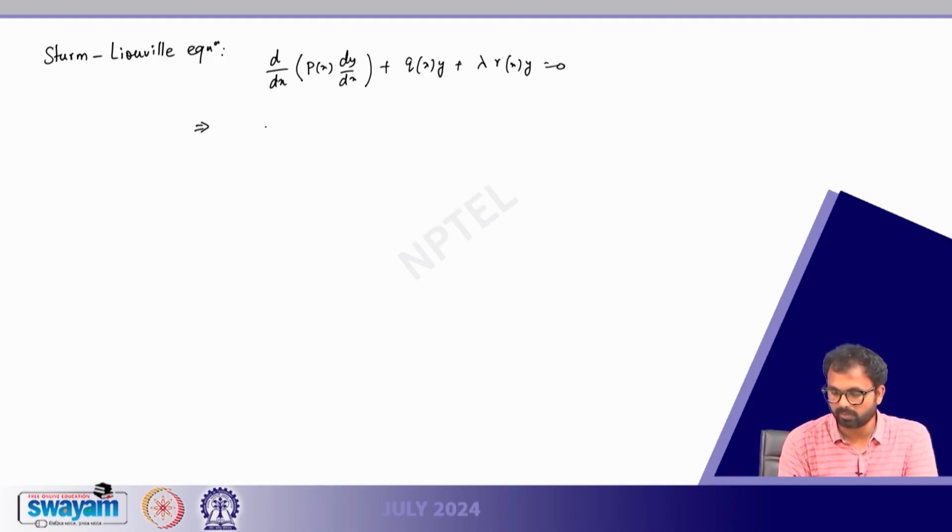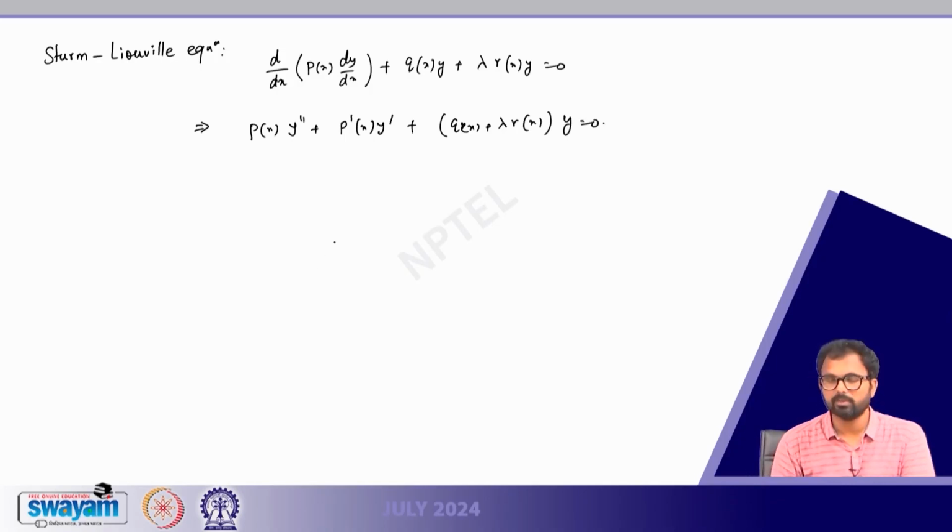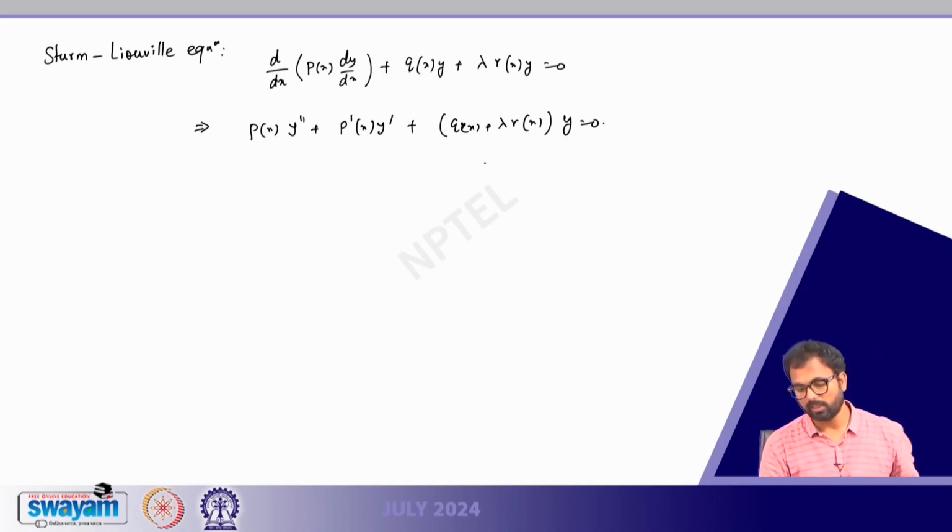So from here we can write it as p(x) y double dash plus p dash(x) y dash, and this one will be q(x) plus lambda r(x) into y. So this is basically our general form of Sturm-Liouville equation, and of course we can complement it with some initial condition, boundary conditions, and things like that.